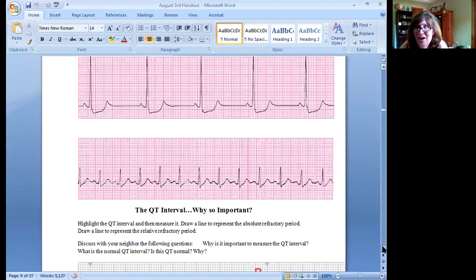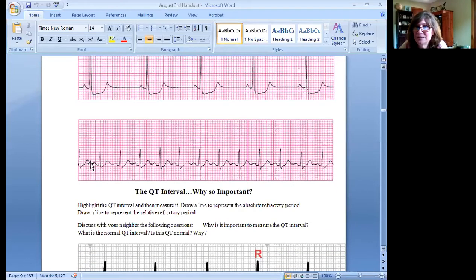All righty. And then here's my sinus tach. And the whole purpose of this is just to say that this QT interval is going to be shorter because the rhythm is faster. I always try to find the beginning of a line. Don't really see one here.